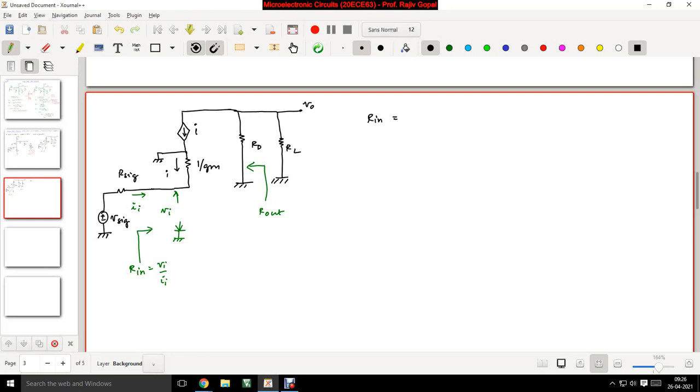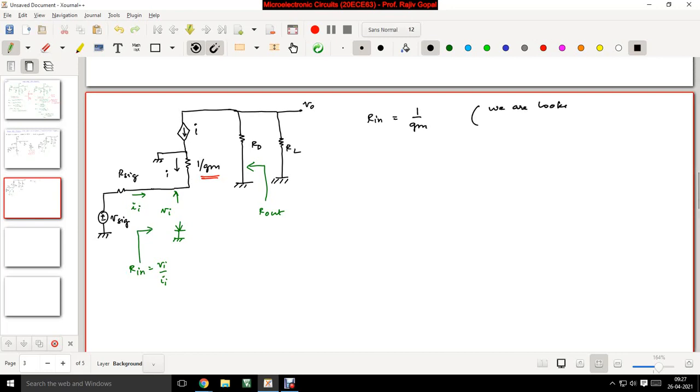RSIG, sir. No, Rin I am measuring here, like this. So it will not include V signal and R signal. It is measured in this direction. So which one is it? I see only one resistance. This one. 1 by GM. Right. So Rin will be only 1 by GM because we are looking into the source.